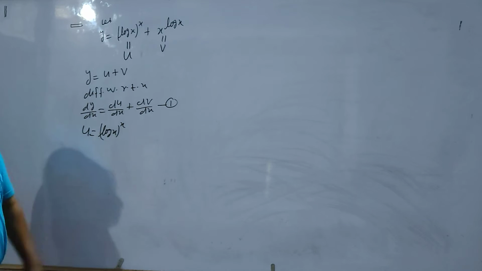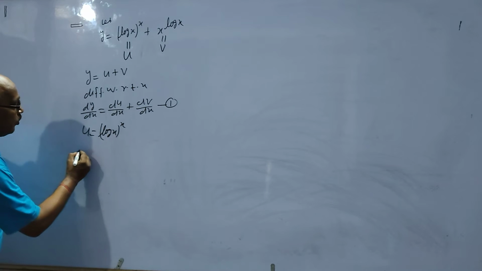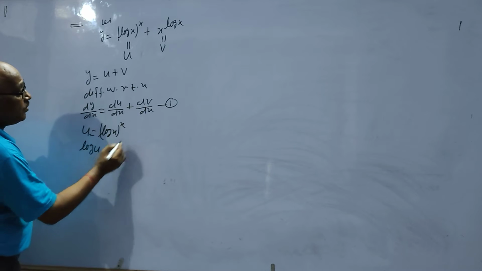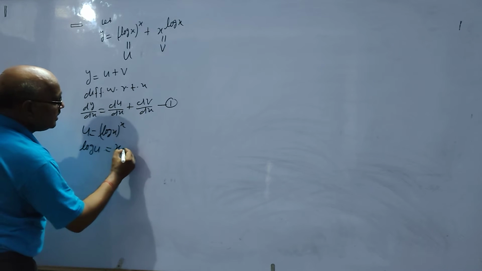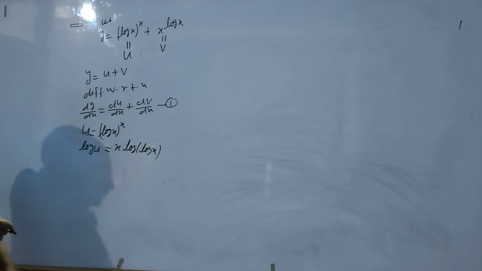Now here one function is in the power of another function. You can take the log of both sides. Taking log of both sides, that is equal to log of u, and the power comes first, so that is x log of x.